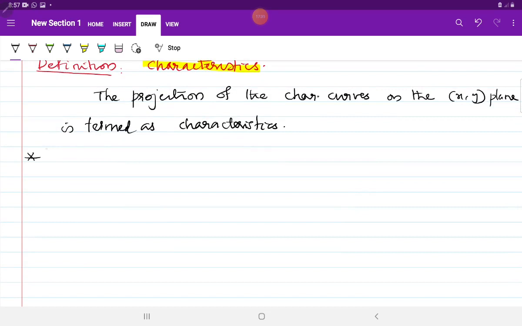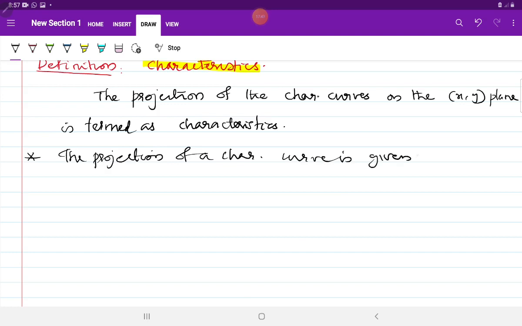And we may note that the projection of a characteristic curve is given by the condition s equal to a constant.